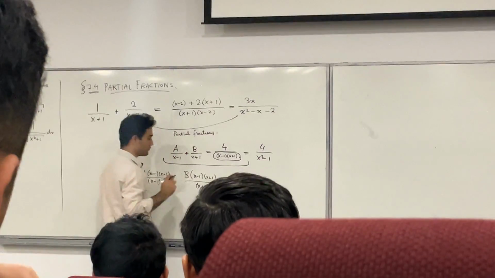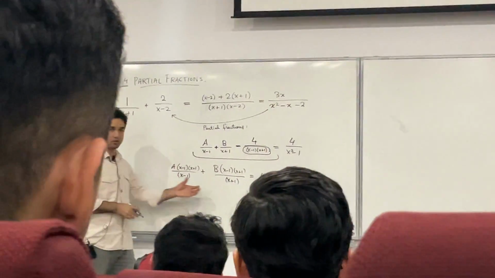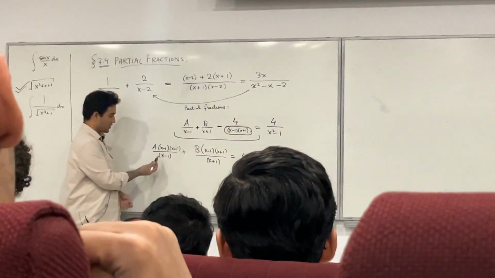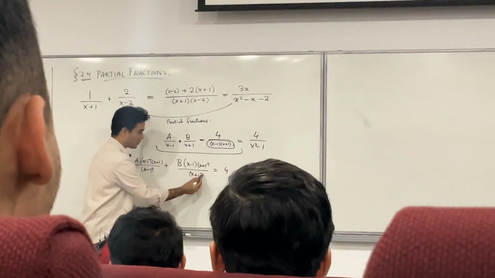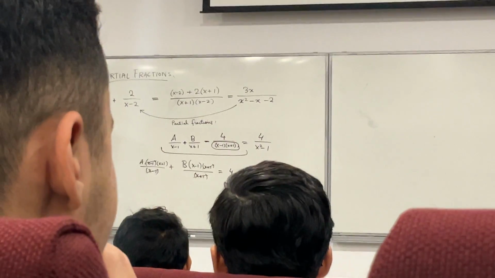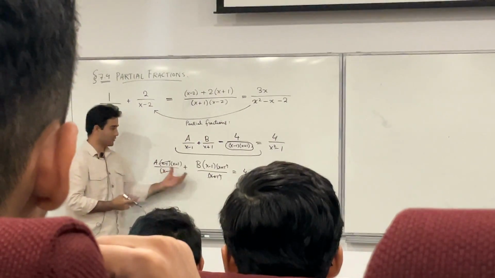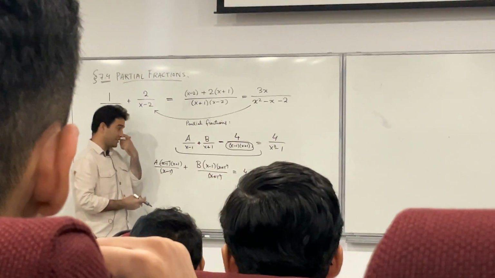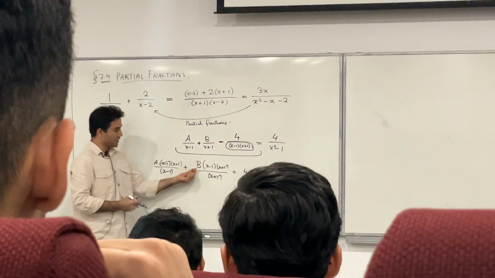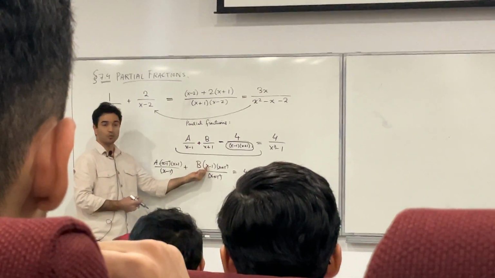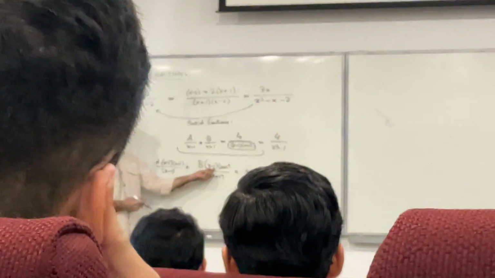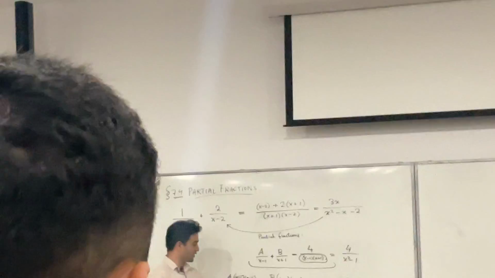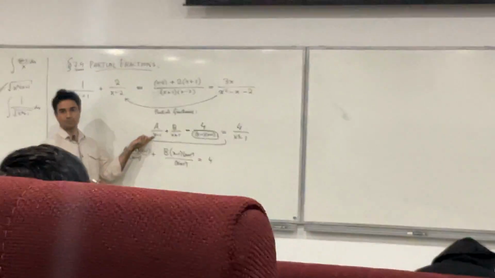And on the right, we just have 4. So this is a polynomial equation because all the denominators clear out, so to speak. In this expression now, if you plug in x equals minus 1, x equals 1, for example, this becomes 0. The only thing that doesn't become 0 is the guy that was over minus 1.